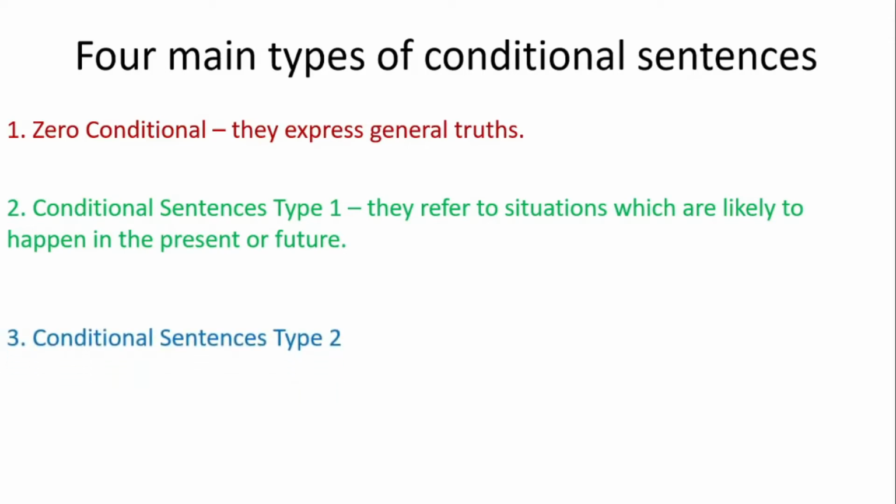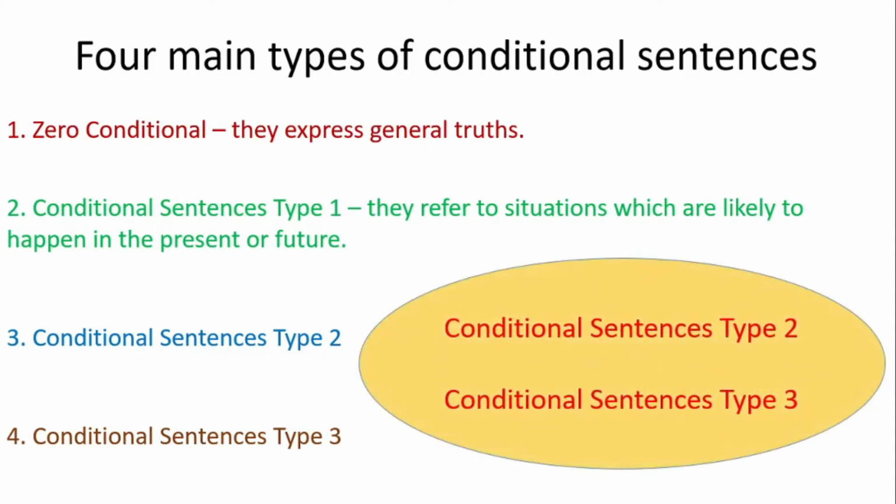Conditional sentences type 2 and conditional sentences type 3. In my first video on If Sentences Part 1, I already discussed zero conditional and conditional sentences type 1. In this video, we will be looking at conditional sentences type 2 and conditional sentences type 3.